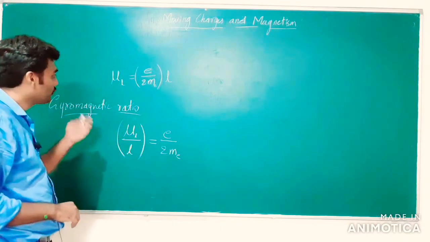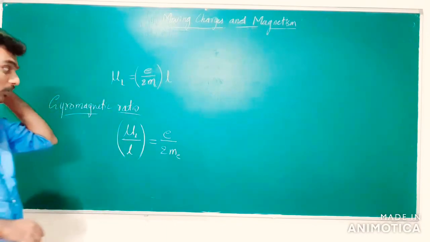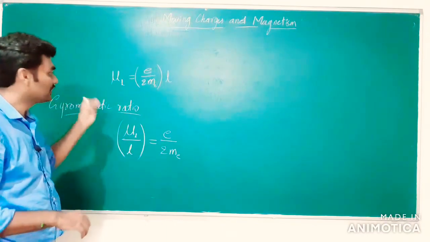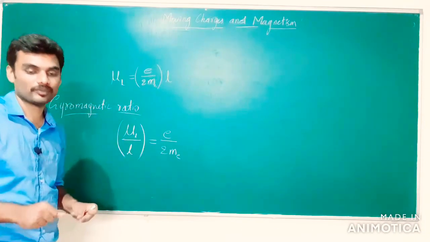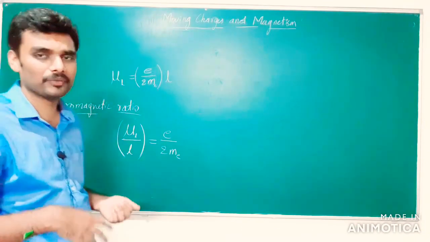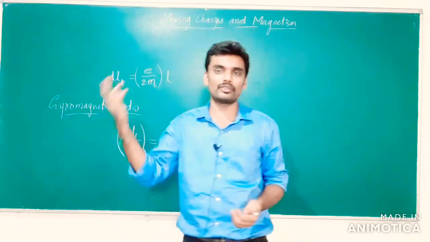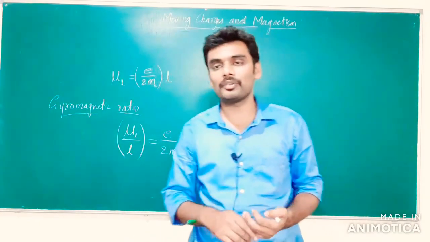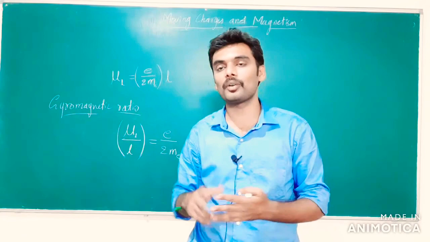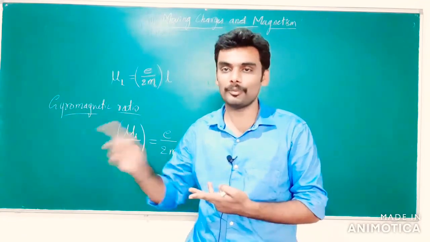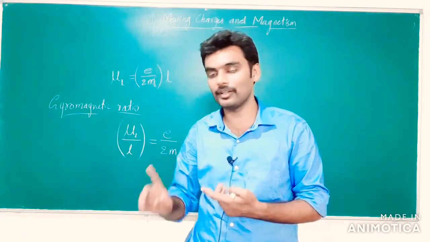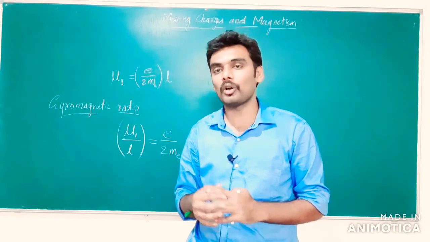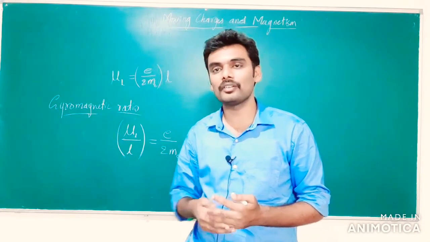Now we shall move ahead to connect these things with modern physics. We will discuss those things in the coming chapters, when we come to the chapter on atoms and nuclei. Particularly in the chapter on atoms, we will discuss the different models of the atom given by different scientists.